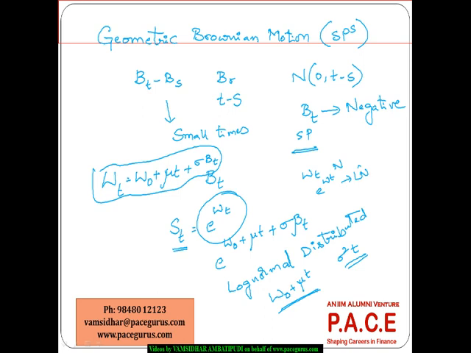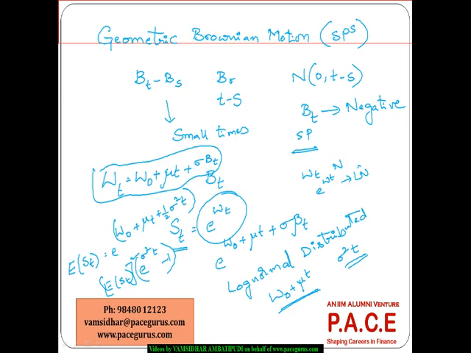And so whenever we are trying to compute the expected value of St, it comes out as e to the power of W naught plus mu T plus half sigma squared T, and the variance comes out as the expected value of St squared times e to the power of sigma squared T minus 1.